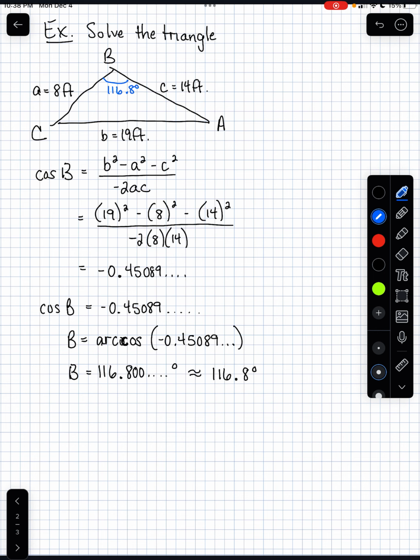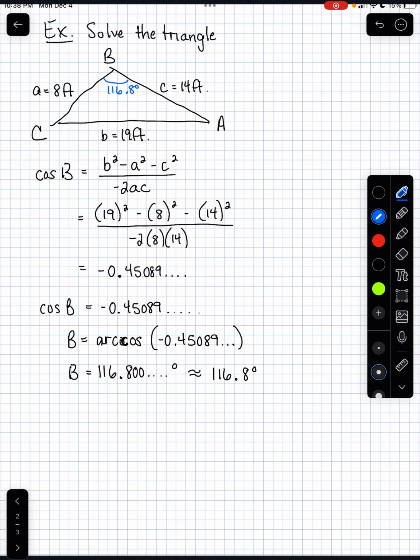At this point, we can find the measures of angle A or C by using, again, the law of cosines, or at this point, we can actually switch to the law of sines if we prefer. And the law of sines actually is a little bit shorter and a little bit nicer because we don't have to use any of the arc functions.